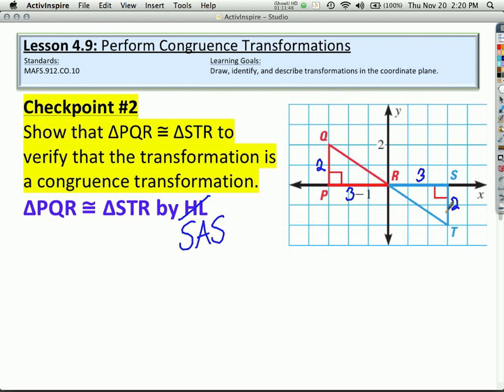Anyone do anything different? Okay. So, go ahead. Angle QRP and angle TRS are vertical angles. So they're vertical angles, so they are congruent.